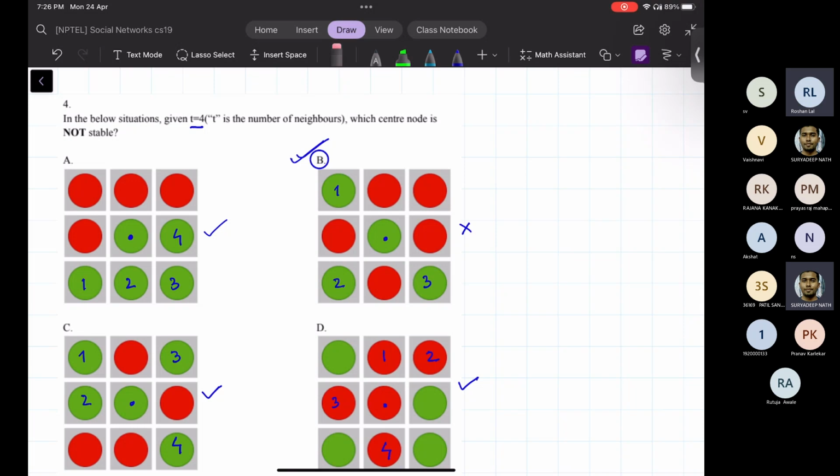If there is a center point with green color, at least four neighbors should be of the same color, so that is greater than or equal to four, and it doesn't matter location wise. No.